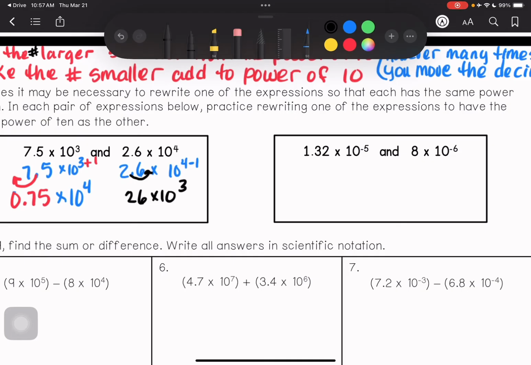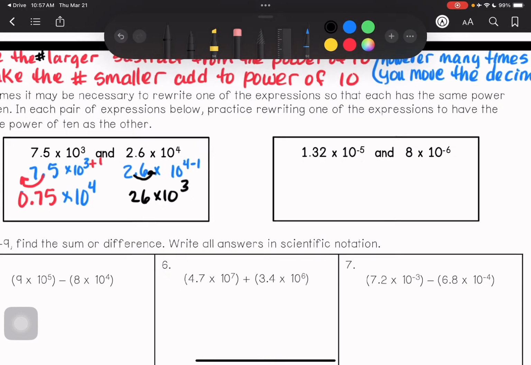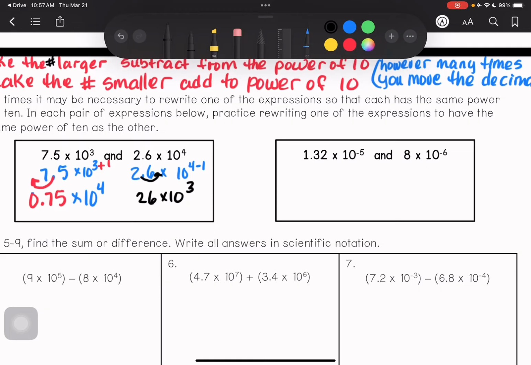Let's look at the second example. 1 and 3200ths. If I want to make this number match this -6, I'm going to have to subtract 1. So if I'm subtracting 1, then I must make the number larger by 1.